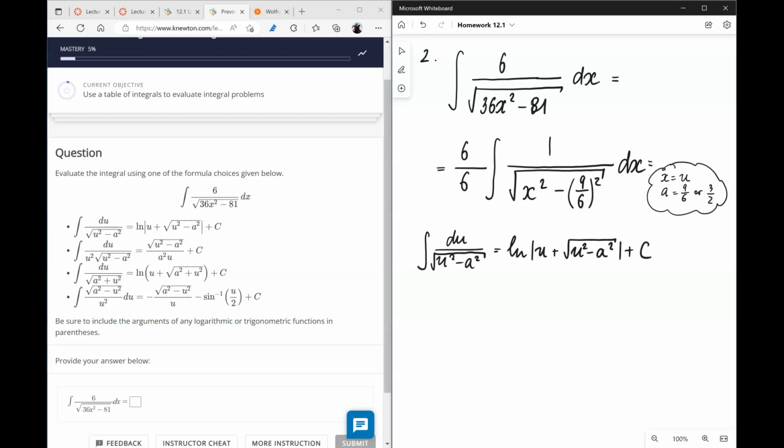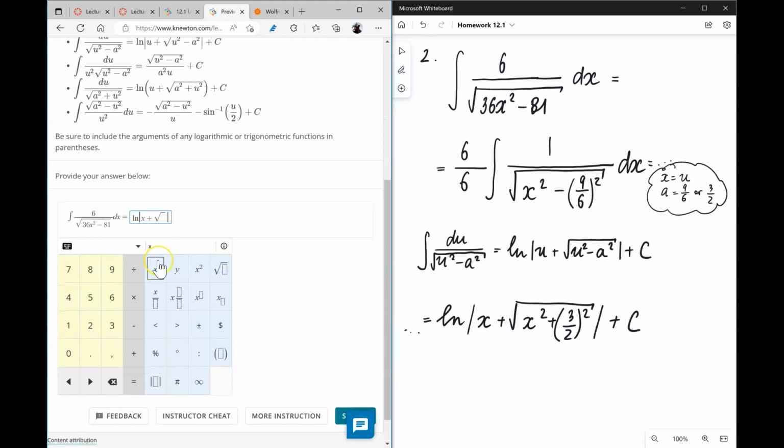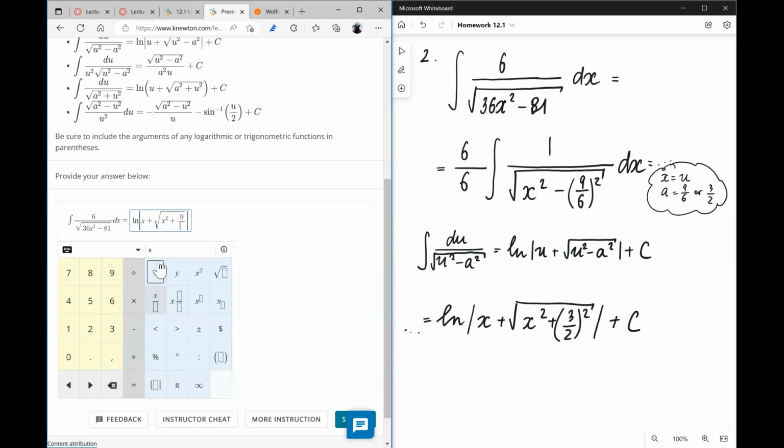And now we can summarize the answer. If instead of u we write x, if instead of a we write 3/2, we should be getting the answer. That's how we use the tables of integrals. So the answer here is ln absolute value of x plus the square root of x squared plus 9/4 plus c.